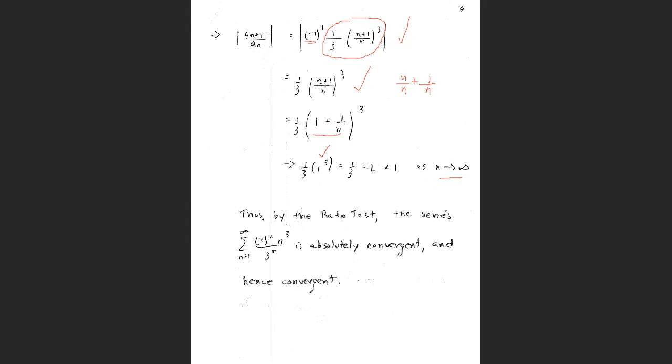So the ratio of the n plus first term to the nth term is going to approach 1/3 as n goes to infinity. And so by the ratio test, our series is absolutely convergent and hence convergent.